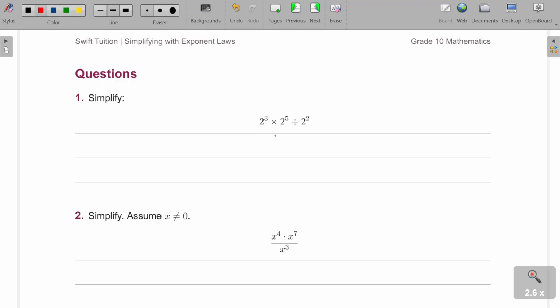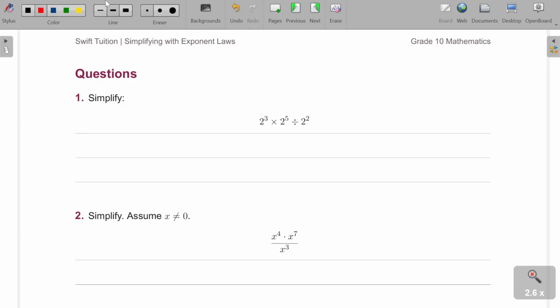So let's begin with this. You'll notice that this is 2 to the power of 3 multiplied by 2 to the power of 5 divided by 2 to the power of 2. So in this case, I did say multiply, but I meant more broadly multiply or divide. When you're multiplying or dividing, the strategy is going to be very easy.